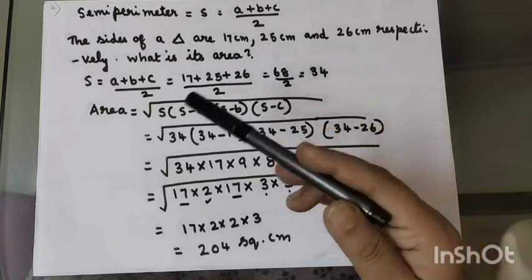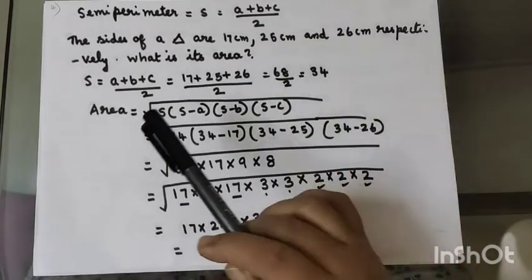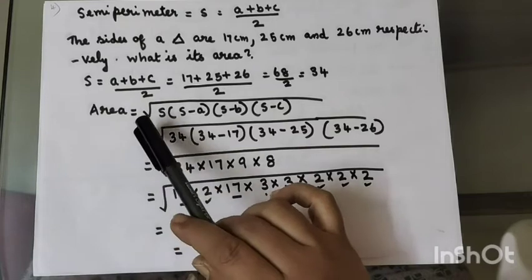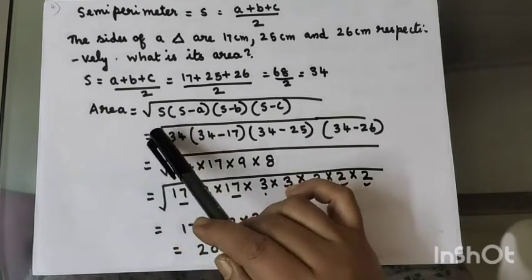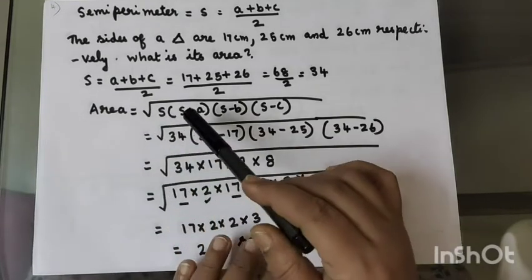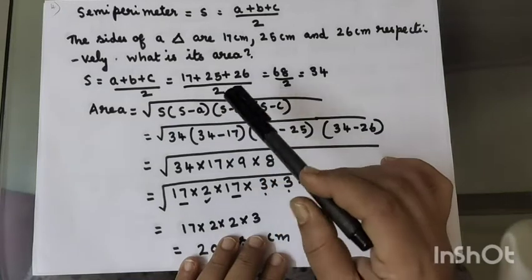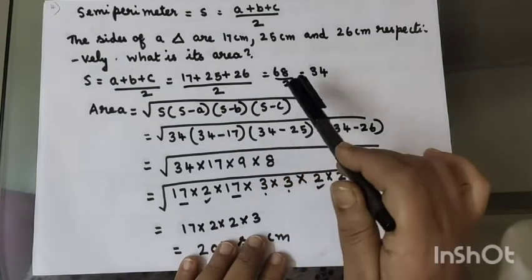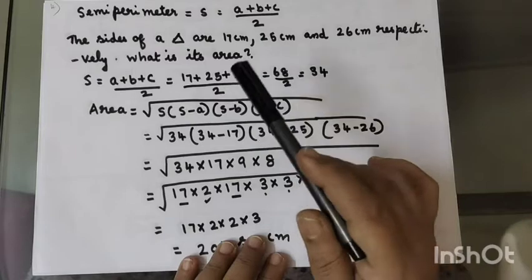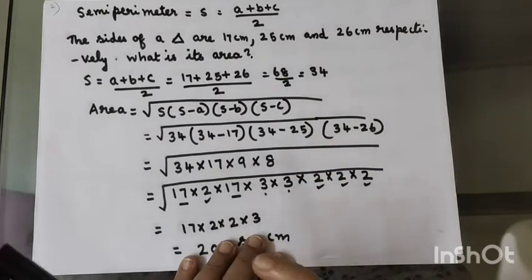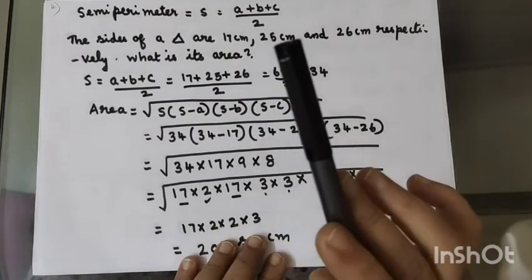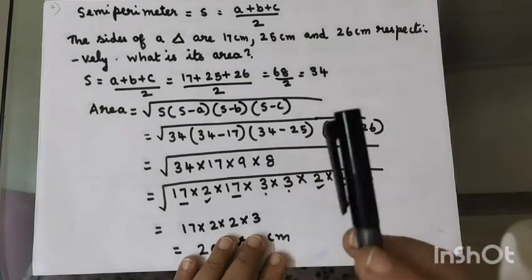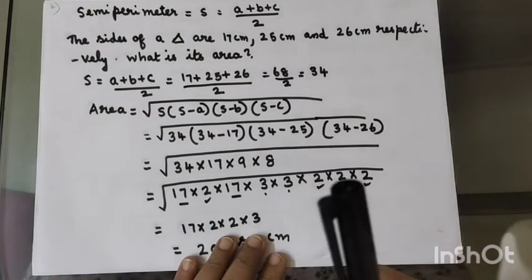Now next we are going to find the area. So we'll write the formula. Area is equal to square root of s into s minus a, s minus b into s minus c. Now the next step, we are substituting the values. You have to be very careful.